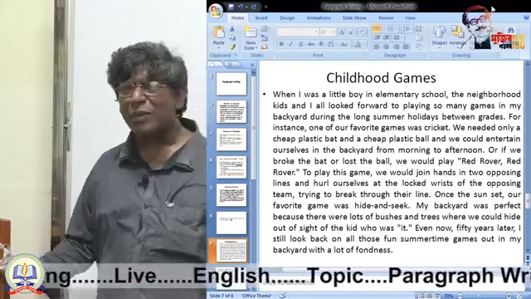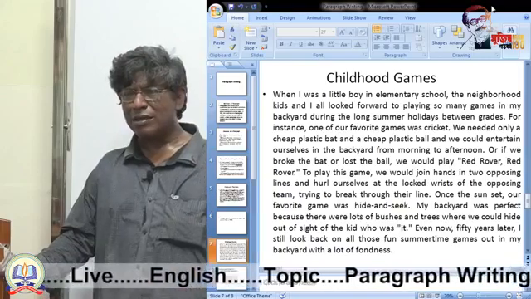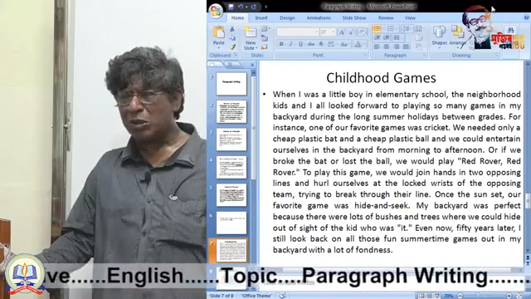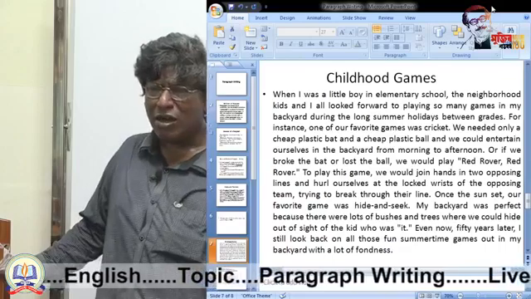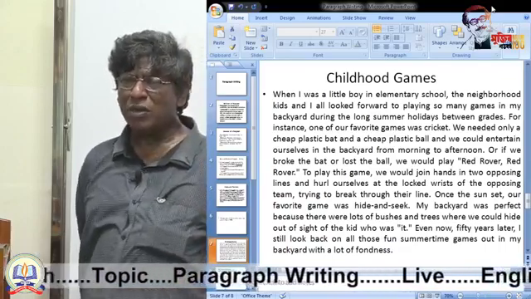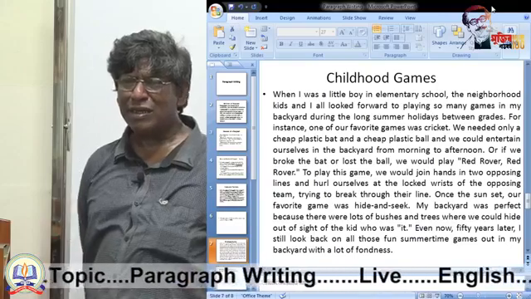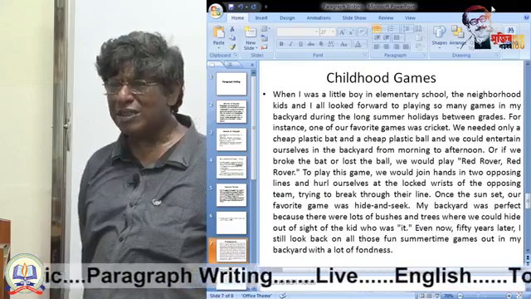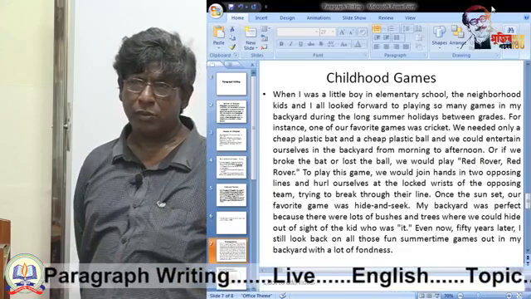In this paragraph, the writer is 50 years old and he recalls the memory of his childhood, particularly the games he played in his childhood with his friends.